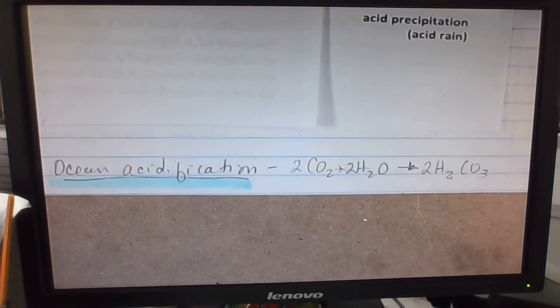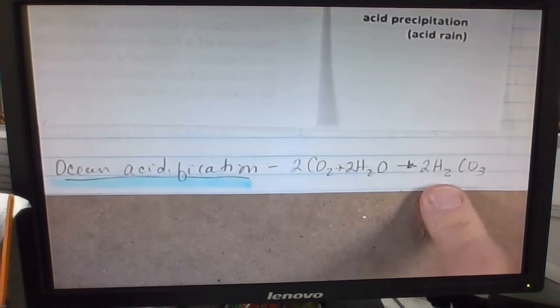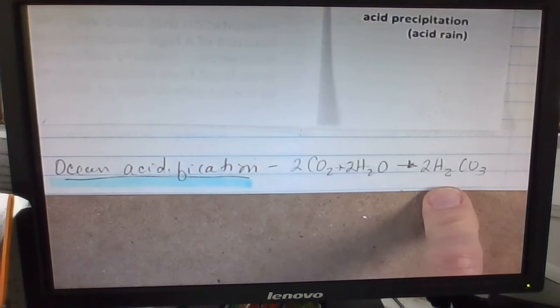Do we know what CO2 is? Carbon dioxide. H2O? All right. So oceans, water, big bodies of water, they can absorb a lot of carbon dioxide, and that's what they do to kind of buffer the amount of carbon dioxide on the earth, and that's great to a point. Once they start absorbing too much carbon dioxide, it reacts with the water and it forms carbonic acid.